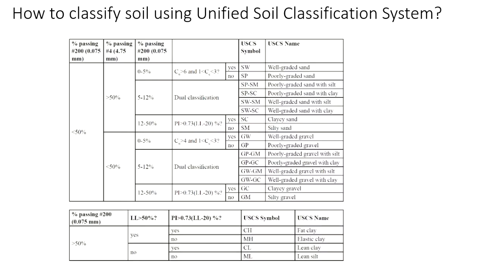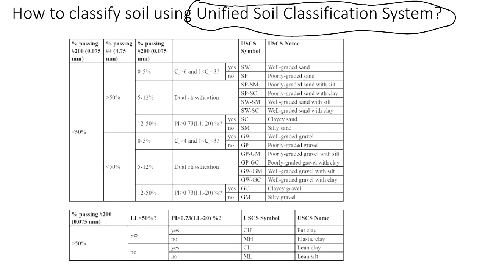We have another classification system, which is also very commonly used: the unified soil classification system. It has a very similar setup and concept to classify the soil, and I think it's a little bit easier compared to the other one. But there are a few differences that I would like you to be aware of.